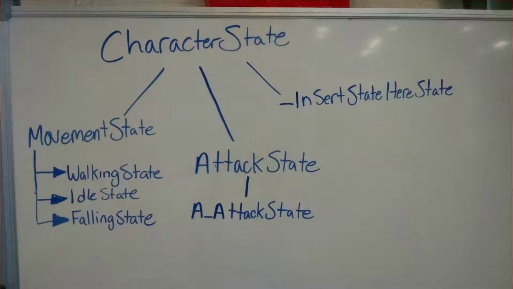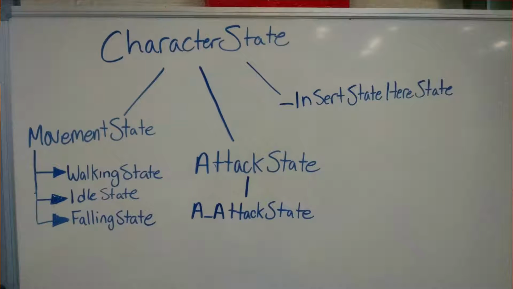We then have our next level down, our next branches: MovementState, AttackState, or anything else. I wrote underscore insert state here. We could do anything, really. But having these delineations of this is a movement state that handles movement things, this is a state that handles attacking things, is really good, because part of the benefits you get from inheritance and polymorphism is, I know that all these states, walking, idle, falling, are going to share a lot in common.